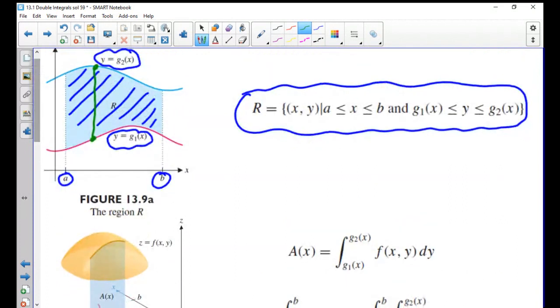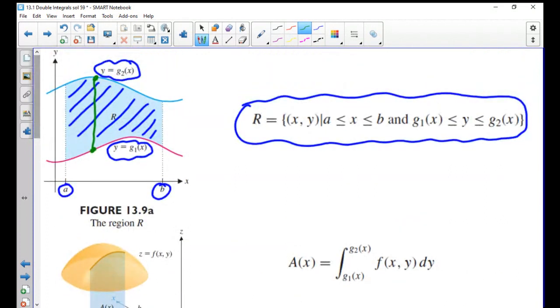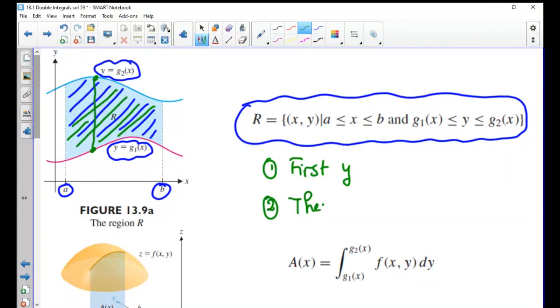Okay. So in this kind of figures, in this kind of shapes, you must integrate first with respect to y. So first y and then x. It has to be like this.